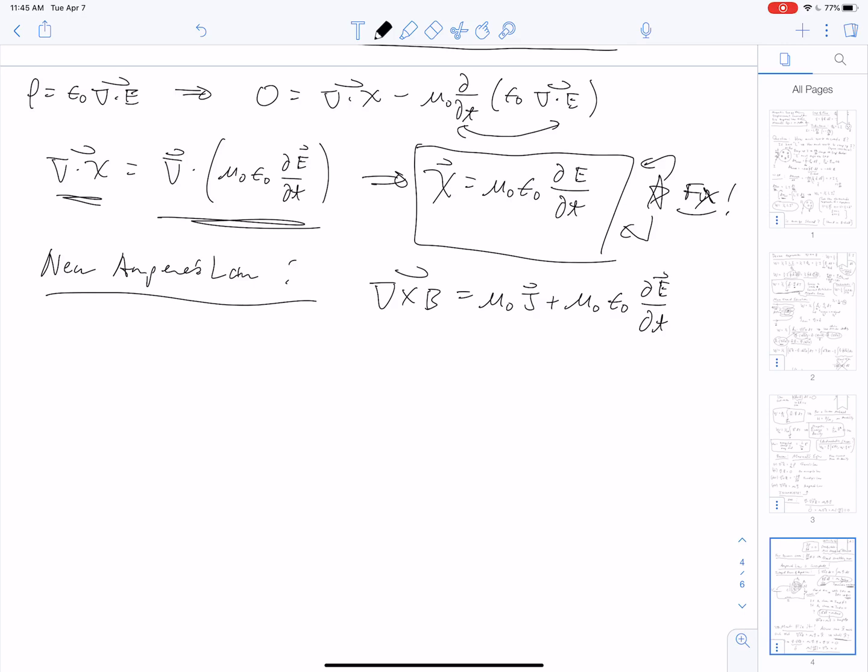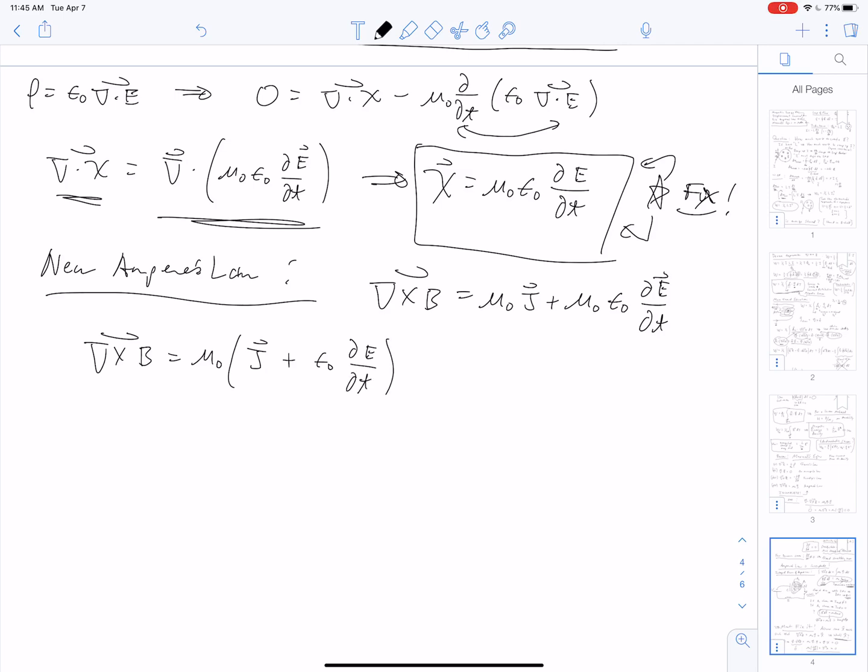And so this is the new Ampere's law that we have derived. But the way we like to write it is we pull out the mu naught and write it like J plus epsilon naught dE dt.